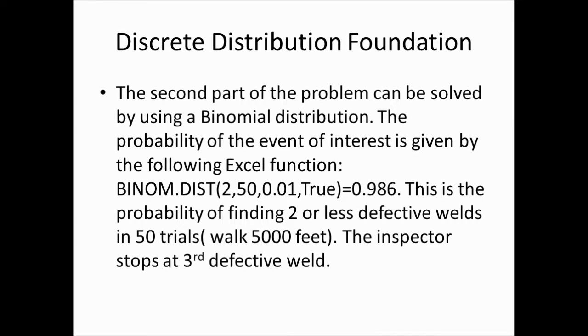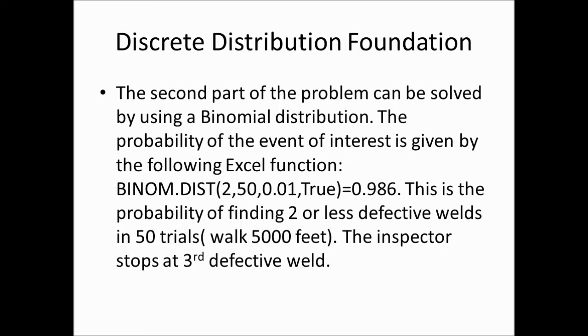Now, the second part of the problem can be solved using a binomial distribution. The probability of the event of interest is given by the binomial Excel function, BINOM.DIST. We're trying to find out less than 3 defectives, so 0, 1, or 2. So the first input is 2, we had 50 trials, and the probability of success in each trial is 0.01.